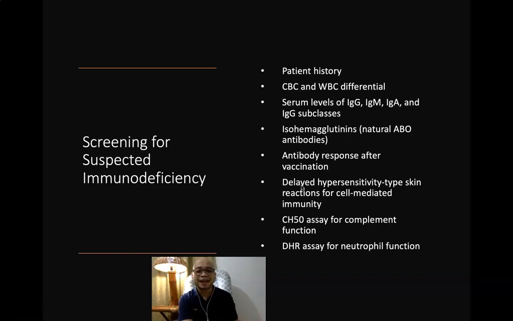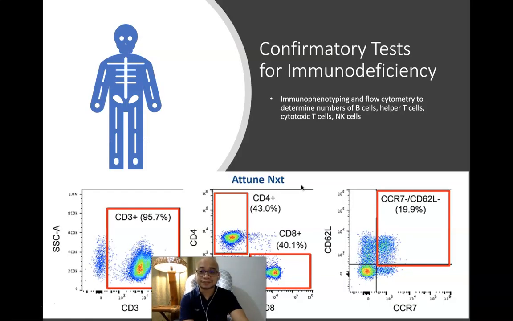Okay, CH50 assay for complement function and DHR assay for neutrophil function, the one that I have discussed a while ago. Okay, so do you know that if you are immunodeficient, you'll not be able to give a positive reaction in skin testing, such as in tuberculin testing or in lepromin testing, okay, because of the deficiency in T cell functions.